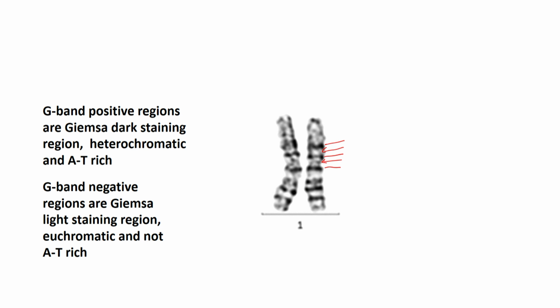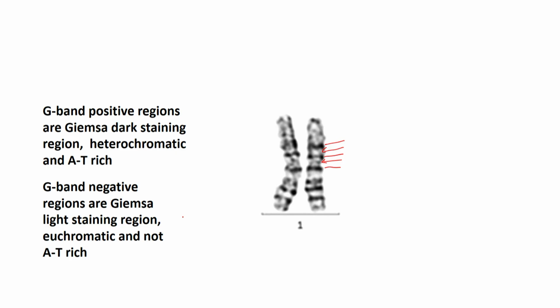They have the functional genes, and the heterochromatin essentially is the intergenic region, where genes may not be there. So, the G-band negative regions are Giemsa light staining regions. They are euchromatic and not AT rich.